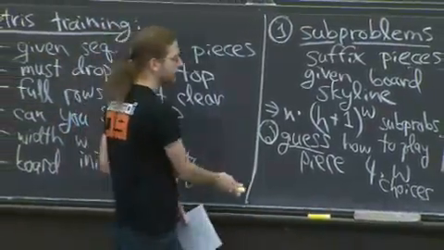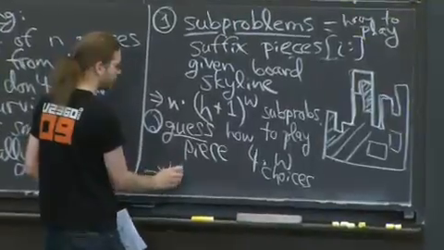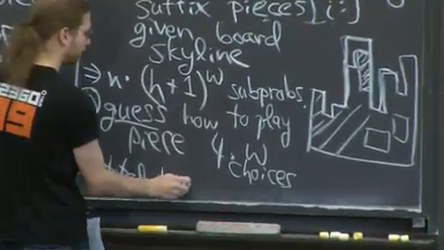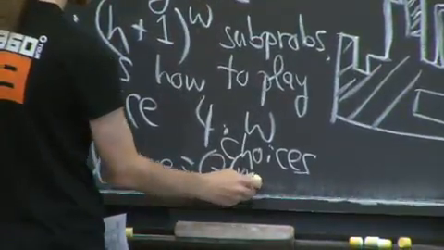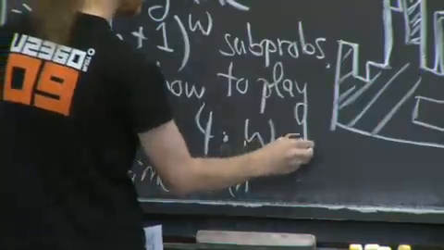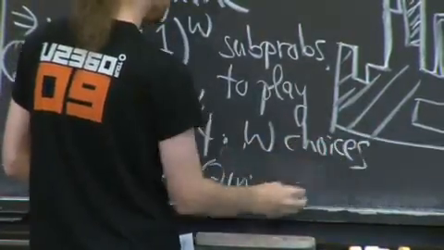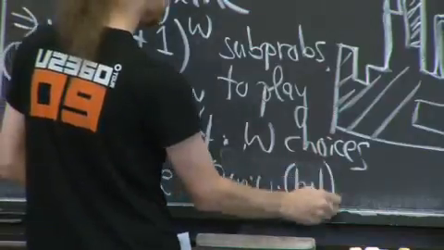And so the running time is just going to be the product of these. Let's see. N times w times (h plus 1) to the w.